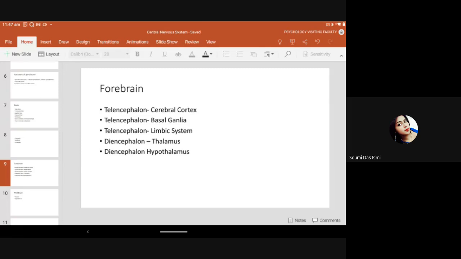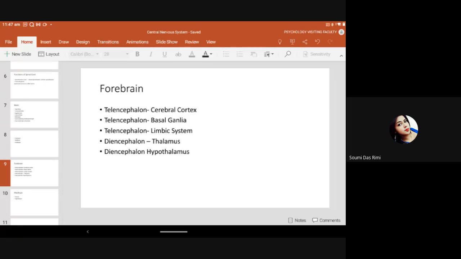It includes structures such as the cingulate gyrus and hippocampus, which are connected to other areas of the brain such as the amygdala, septal nucleus, hypothalamus, and thalamus.